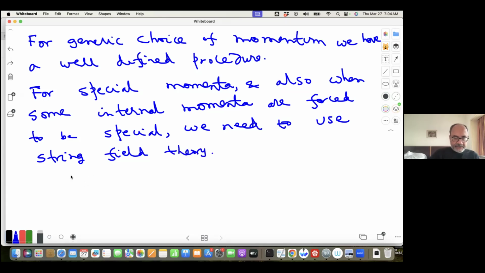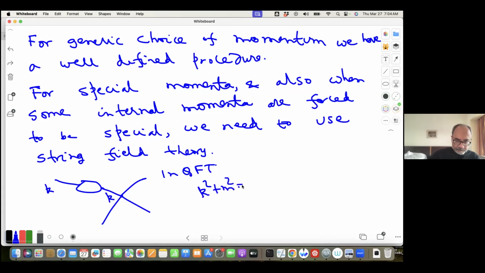And I will describe some examples. For example, in quantum field theory, if you have a diagram like this in QFT, this momentum is spatial because if this is k, this is also forced to be k, and you have k square plus m square equal to 0. So this gives you a vanishing or divergent propagator.